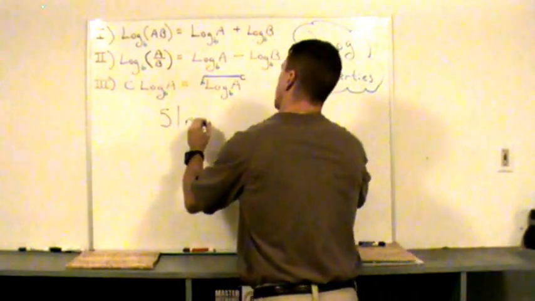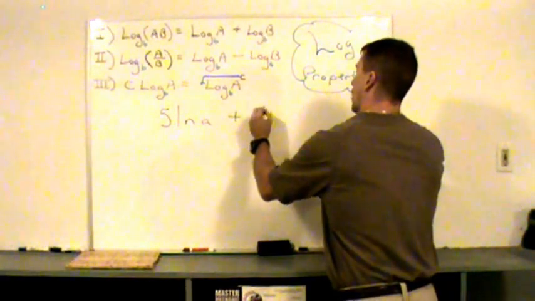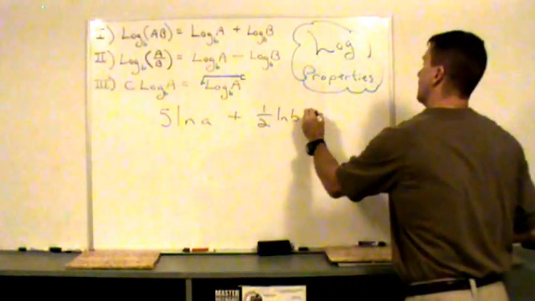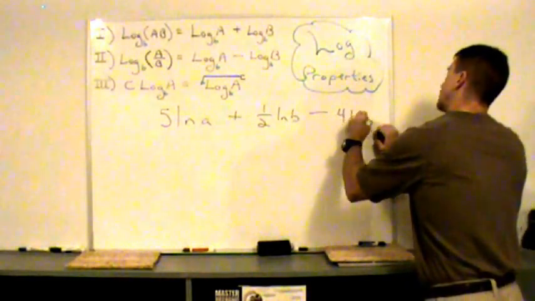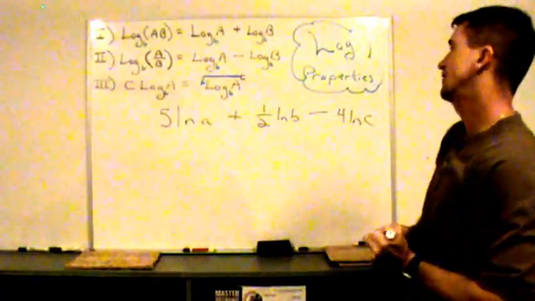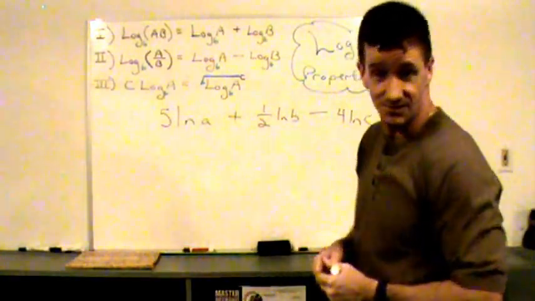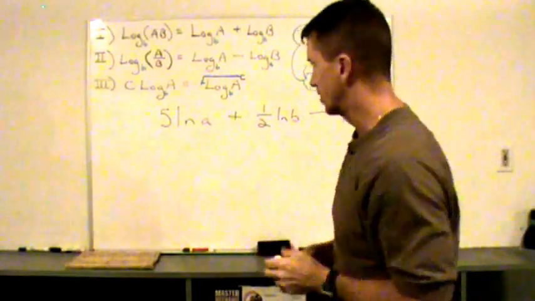We've got 5 ln of a plus 1/2 natural log of b minus 4 natural log of c. Can we take this expression and condense it into one log?